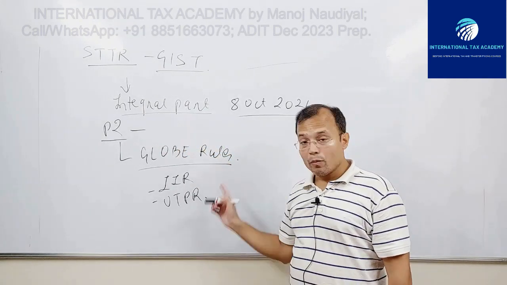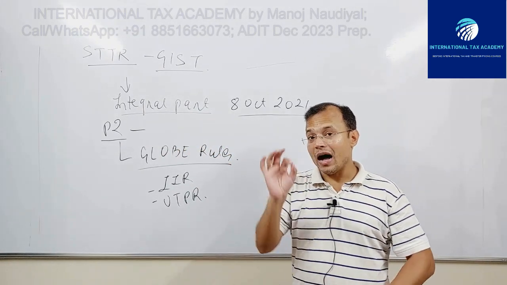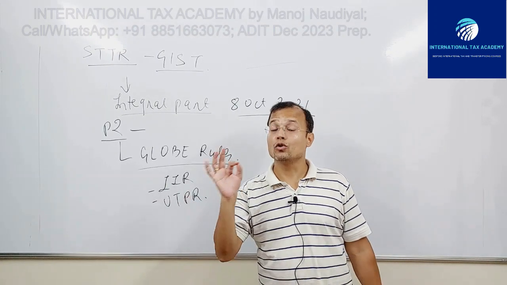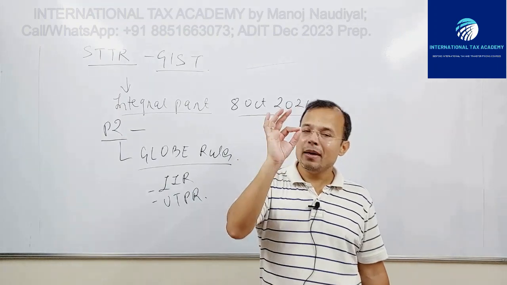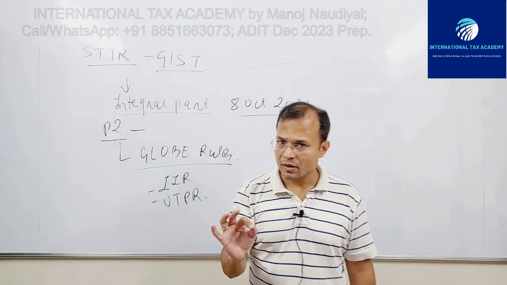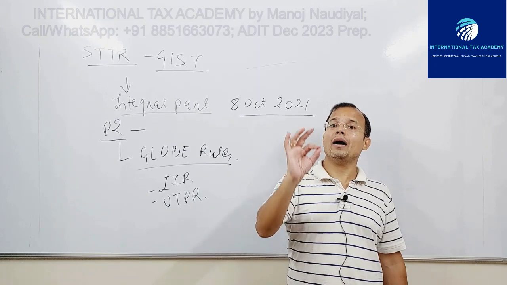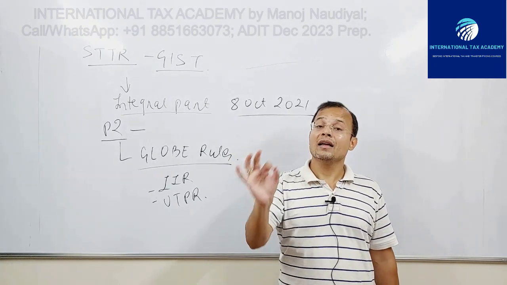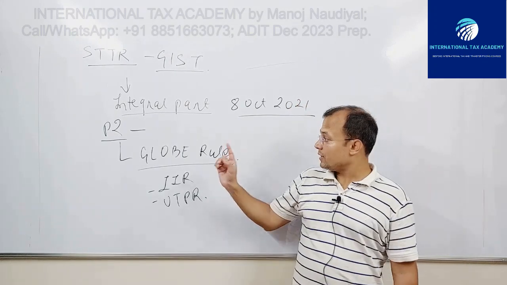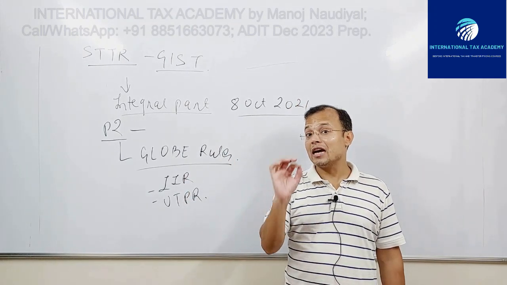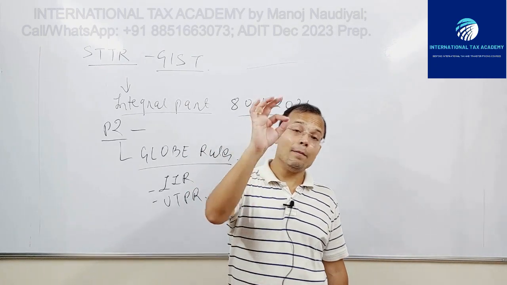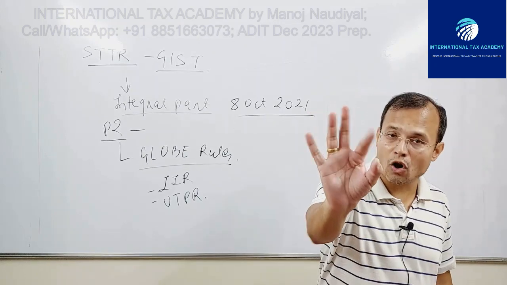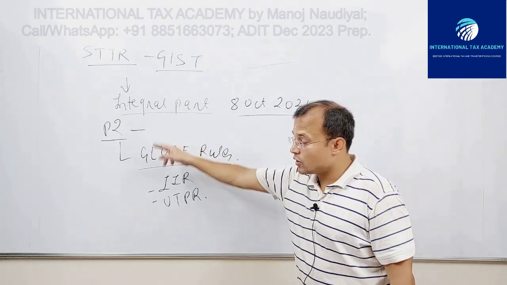These globe rules are designed to ensure that large multinational enterprise groups pay a minimum level of taxation on the income arising in every jurisdiction, in every country where they operate. That minimum level of taxation is 15%, in every jurisdiction in which they operate.